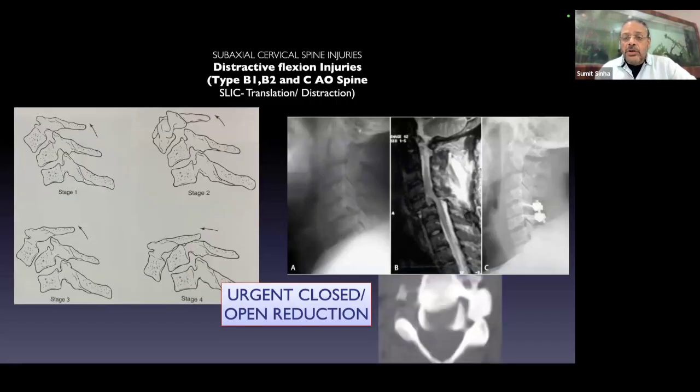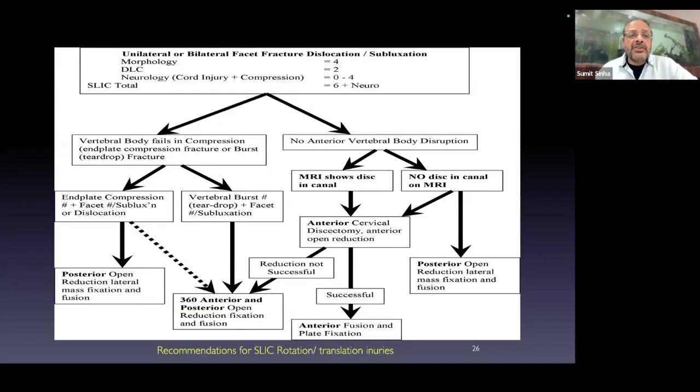And this is a floating lateral mass sign, and this is the algorithm for unilateral or bilateral facetal fractures, dislocations or subluxations, and you have to see whether there is a compression fracture or the burst fracture of the vertebral body. Then you have to deal accordingly, as you can see in the slide.